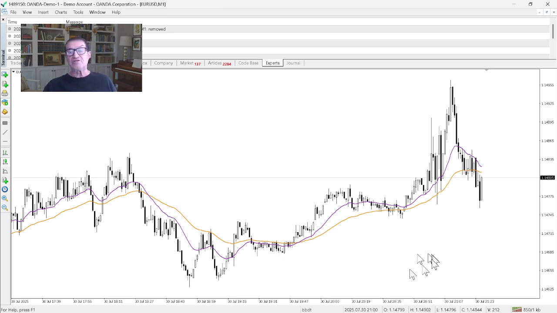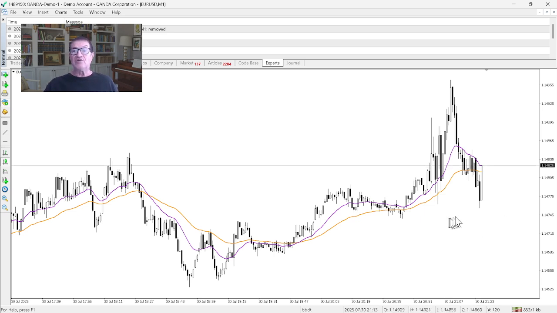Those are called crossovers. It must be below the 50 EMA, or the slow moving average, and price itself must be below the 20 EMA as well. Only at that point will we consider a possible entry for a sell opportunity.